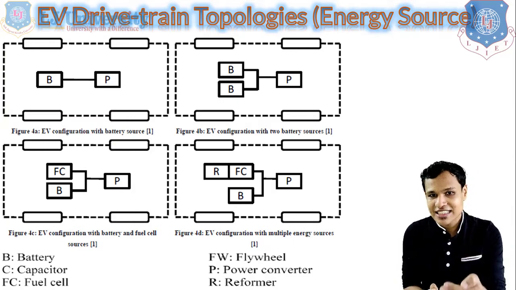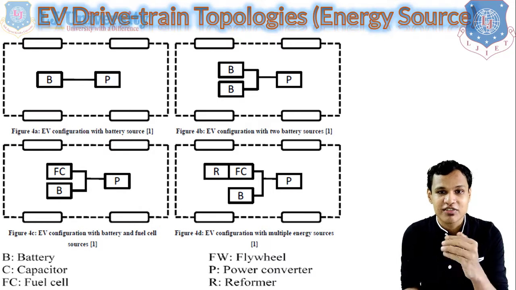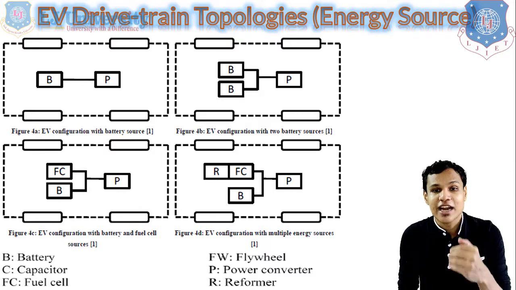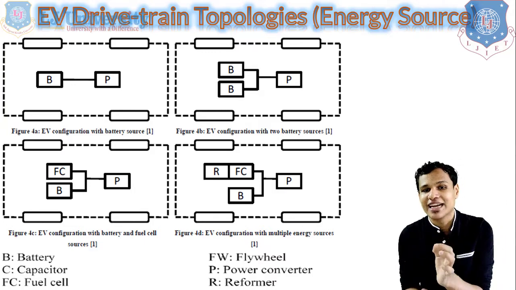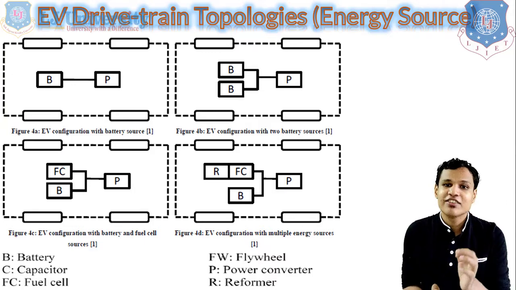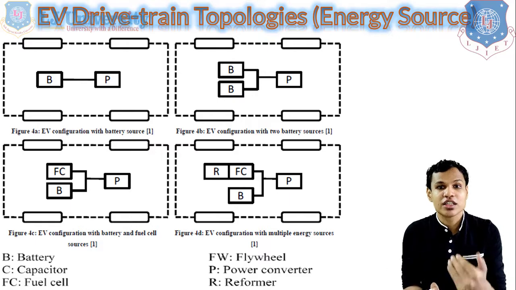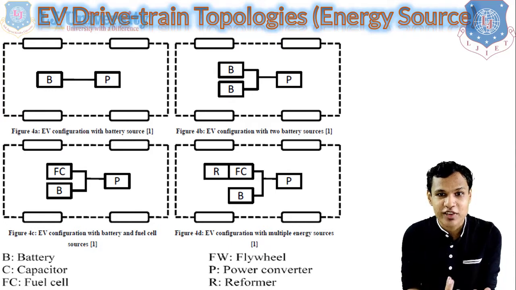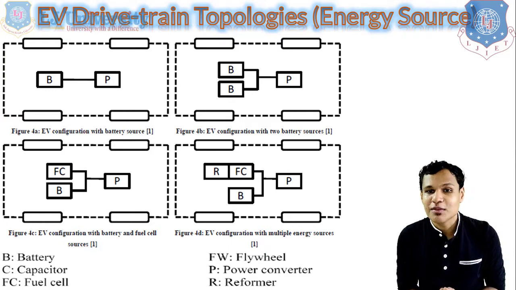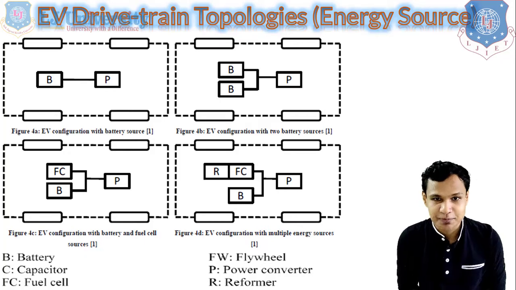The higher the specific energy, the more the range, which means at one charge the vehicle can run more kilometers. If the specific power of the battery is higher, then the power or speed generated by the electric vehicle will be more. So either one of them can be selected.